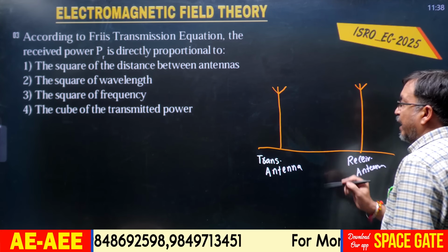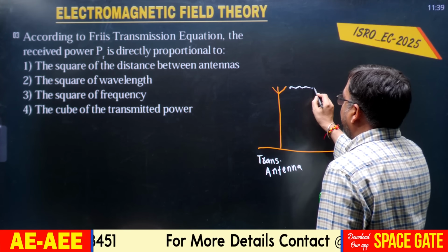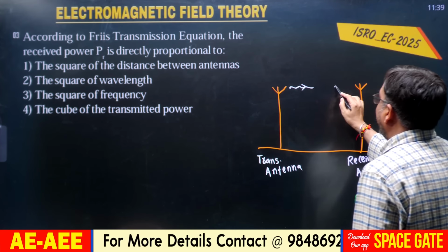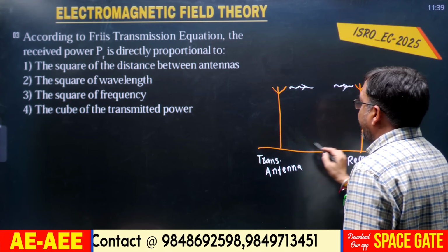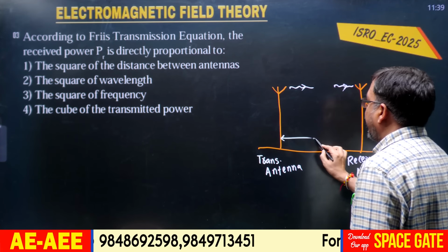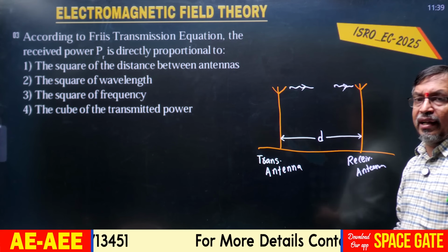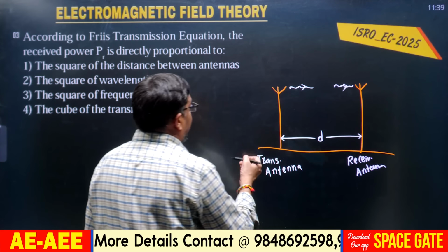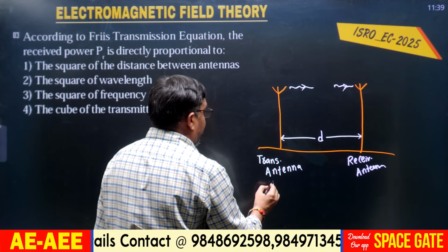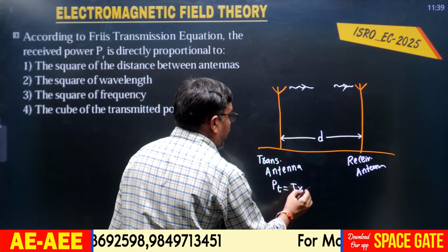The transmitting antenna transmits the power, and the receiving antenna receives the power. Consider the distance between the 2 antennas is D, the distance between the transmitting antenna and the receiving antenna. PT is the transmitted power.